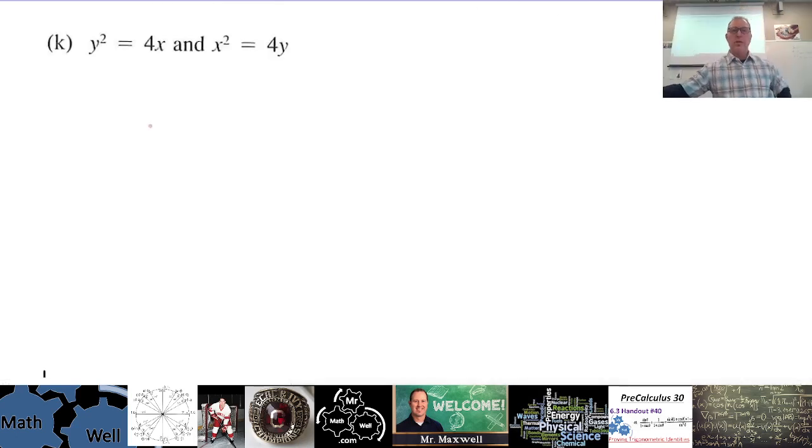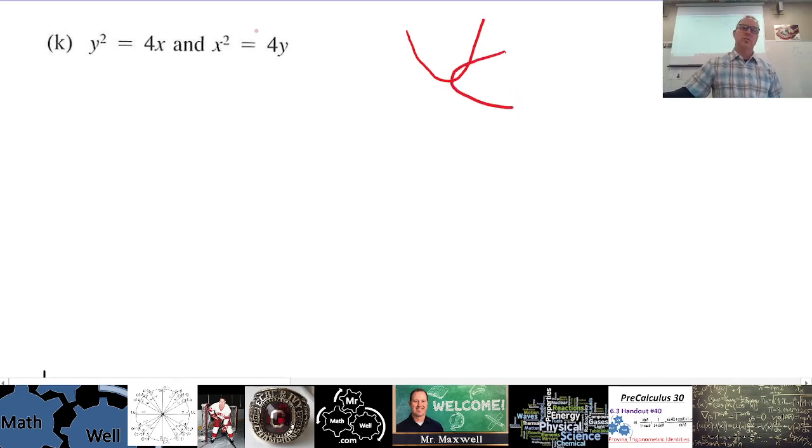Okay, one more question here. This one's a bit tricky. Y squared equals 4x. Now, you haven't seen anything like this before, right? You've seen parabolas, y equals x squared. Well, x equals y squared is flipped around sideways. It's not a function.